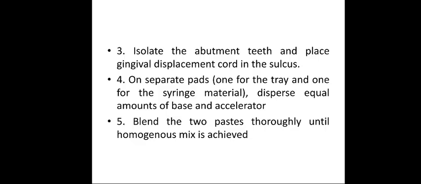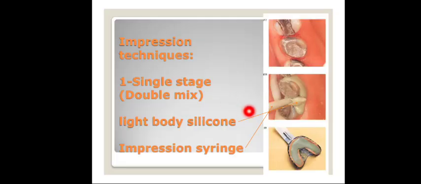The light body will be injected on the gingival area, on the finish line and the prepared teeth, while the assistant is loading the tray with the heavy body. Then, after injection of light body, the heavy body will be placed on the arch, and two materials will set at the same time.